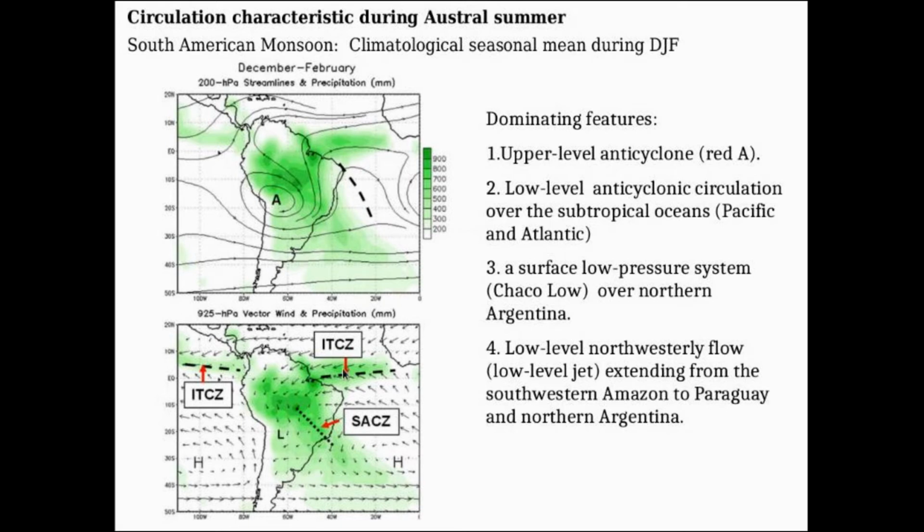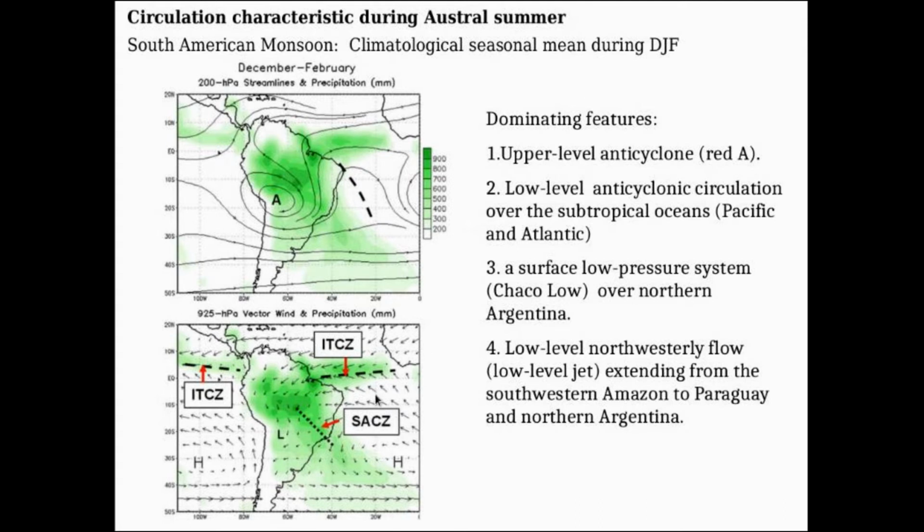Whereas in the lower level, there are two high pressure systems in the subtropics, one in the subtropical Atlantic and one in the Pacific, and a low pressure system in the South American region.